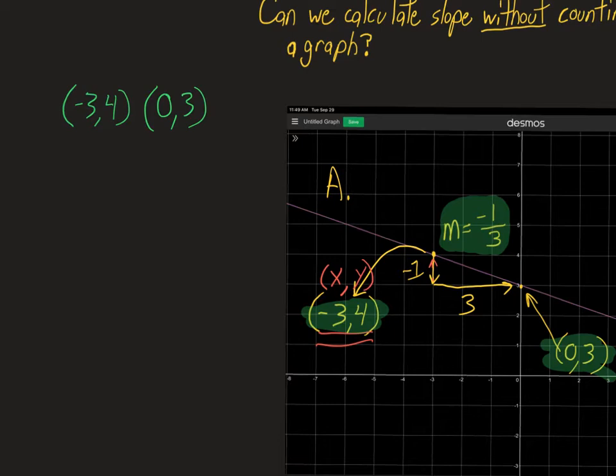Now, the goal here, the idea, is first, let's see if we can get to this negative 1. All this negative 1 is the distance between the two y values of our points. Our y values are this guy and this guy. And you guys can look at them and go, yeah, 4 and 3 is obviously a distance of 1. The only issue there is the sign. So let's start.